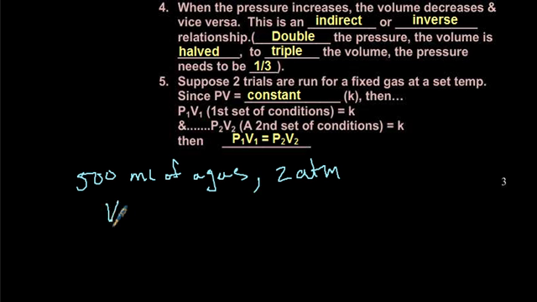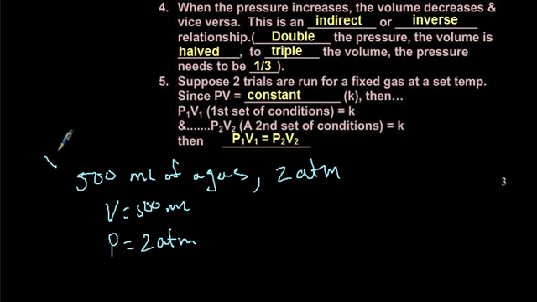Okay, so volume equals 500 milliliters, and our pressure equals 2 atmospheres. What volume would it occupy if we increased the pressure to, say, 5 atmospheres?